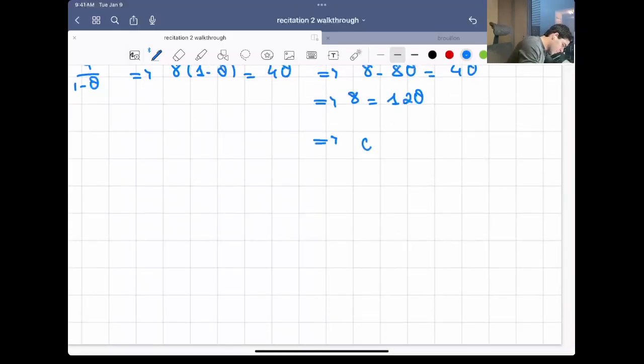And then finally, theta hat MAP is equal to 8 over 12, which is 2/3.